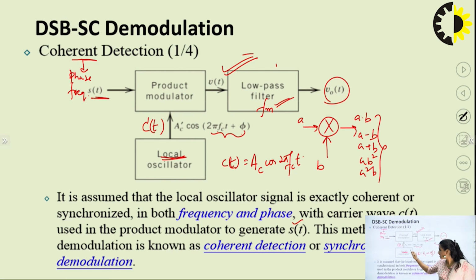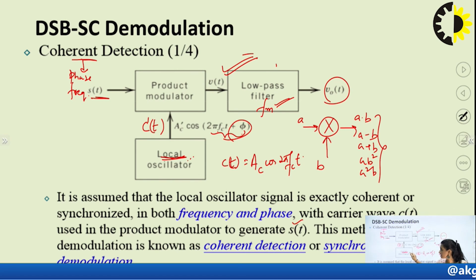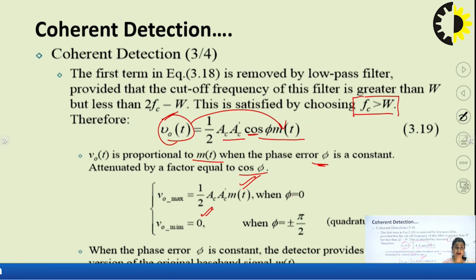So if some error is introduced in choosing the local oscillator frequency, in generating this waveform, so that phi has a bigger value, approximately plus minus pi by 2, then what do I get as output after demodulation? Nothing. I get nothing. So that will be the case of maximum error.